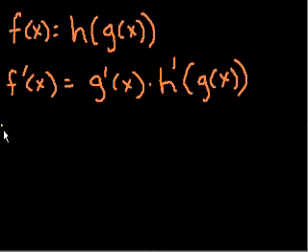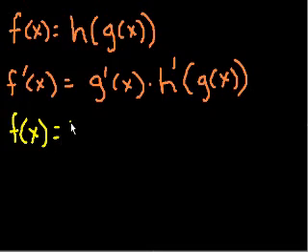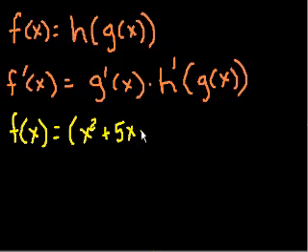So let's say we had f of x is equal to x squared plus 5x plus 3, all of this to the 5th power. So in this example, what's h of x, what's g of x, and well, you know what f of x is.